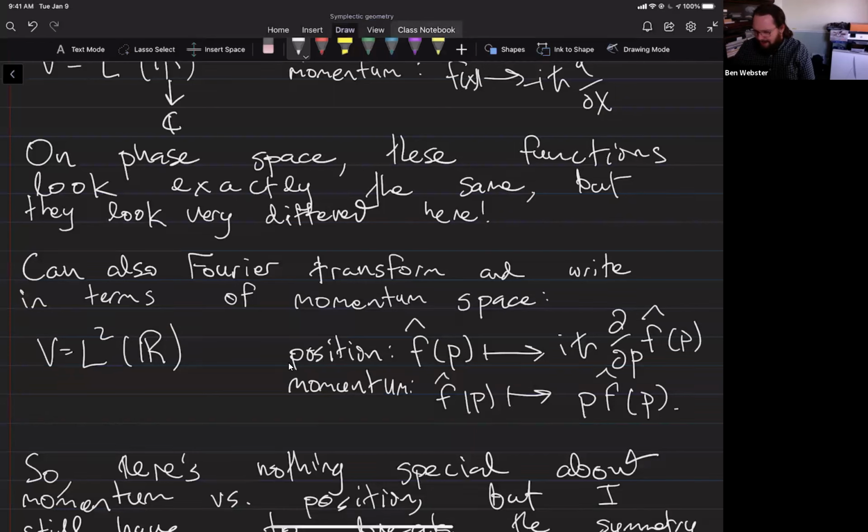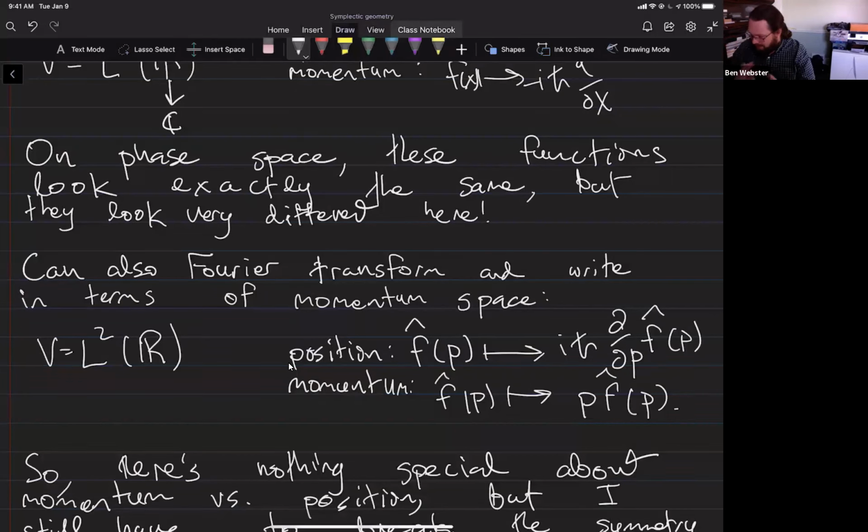So quite famously, you can also describe quantum mechanics by doing a Fourier transform on your wave function, right? Because it's L2 integrable, it has a Fourier transform. And the Fourier transform exactly swaps the two operations of multiplication by the coordinate and taking the derivative. So you can also write your wave function in momentum space as a function of the possible momenta, and now the momentum operator will be multiplication by the coordinate function, which is momentum, and the position operator will be i h bar d/dp of the Fourier transform.